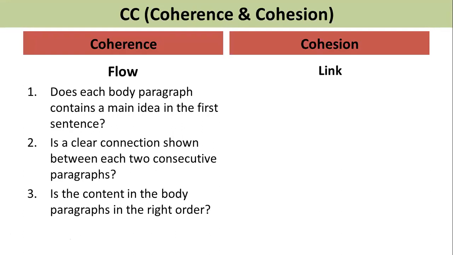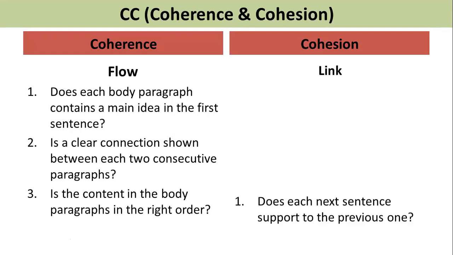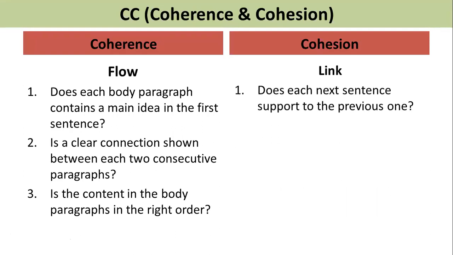Now let's go to cohesion. What does cohesion mean? Cohesion means the link of the task. Cohesion also asks three questions. First is, does each next sentence support the previous one?